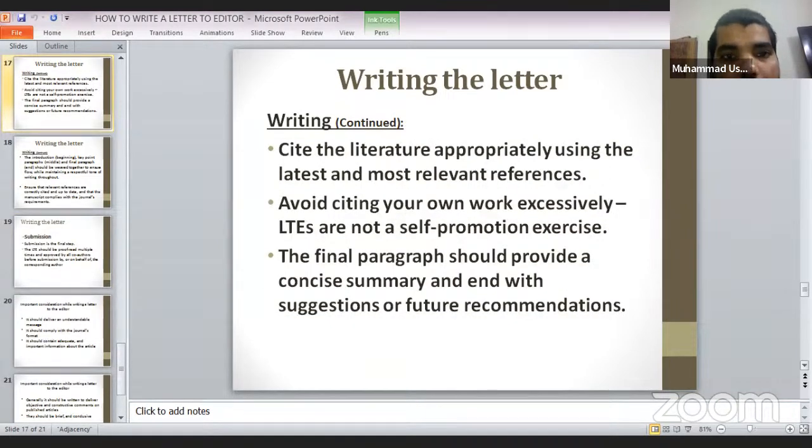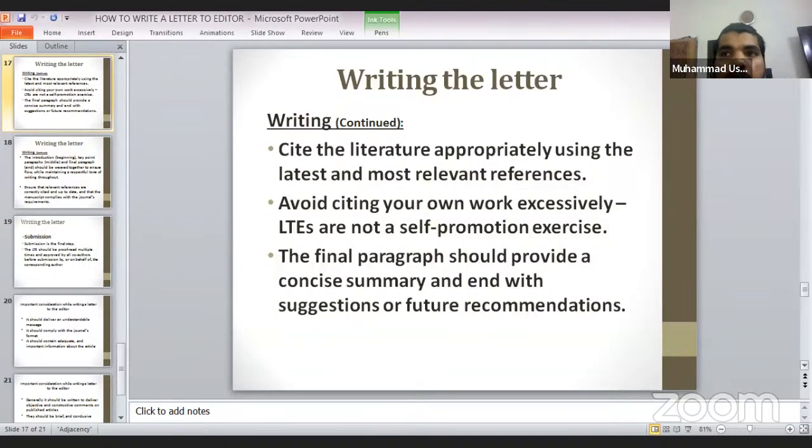And if we talk about citations, or citing the recent or past medical literature, you should be giving the citations appropriately. It is important that you quote references or articles which are published in the last 5 years.